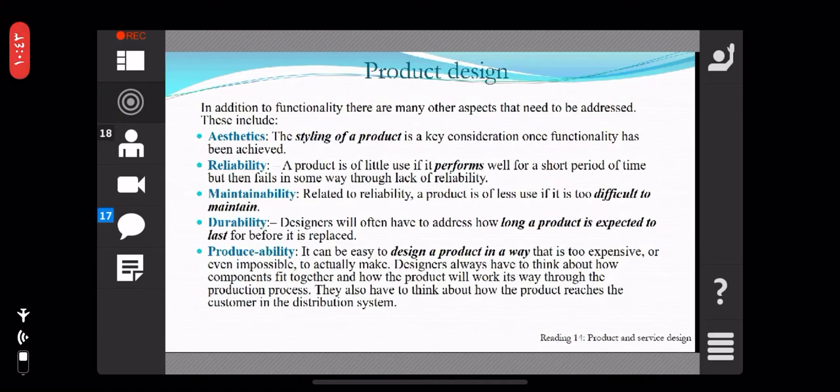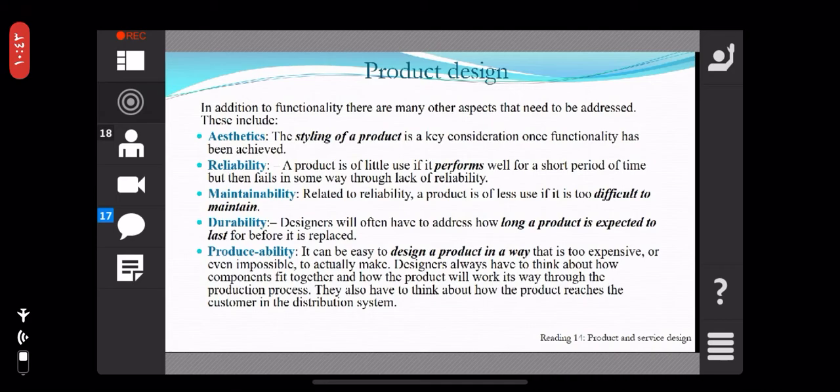For any product design, these include aesthetics. What are the aesthetics? For example, the styling of a product, how it looks. So style of a product is a key consideration once functionality has been achieved. So the style of the product is its aesthetic.